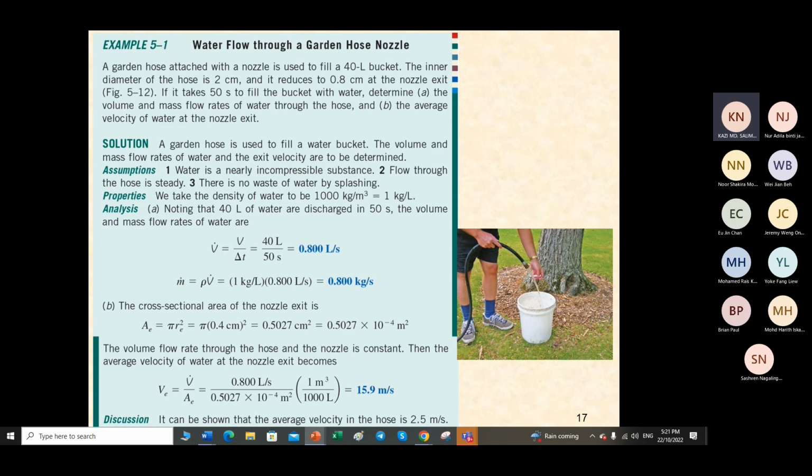That is why we consider the discharge velocity and the recollection velocity, through the distributor and through the receiver.